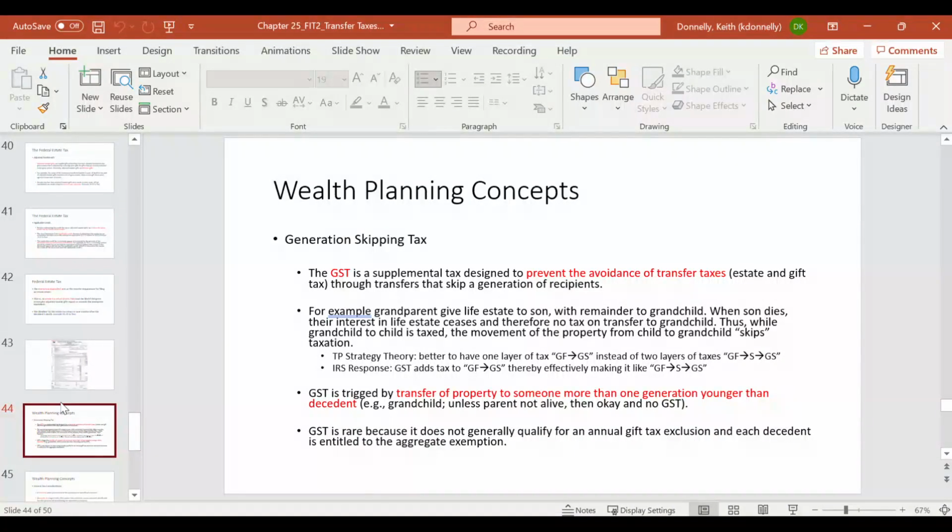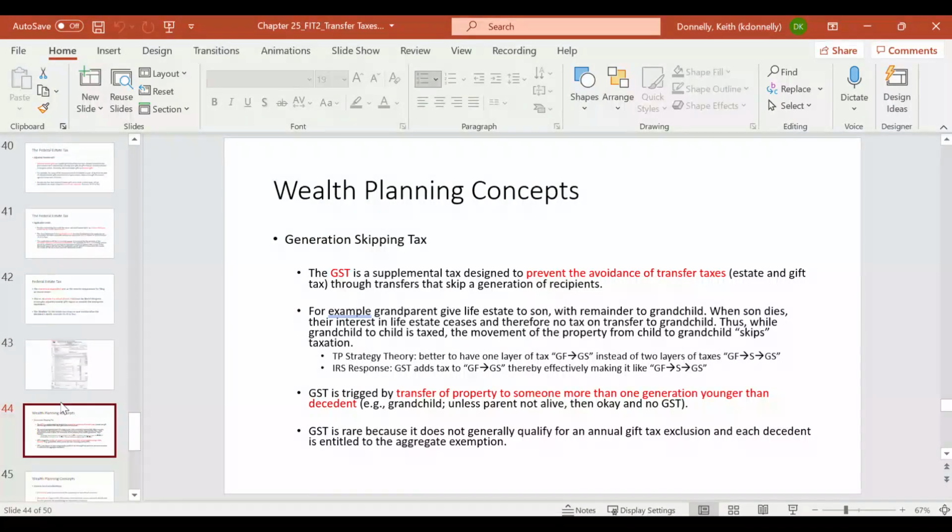So by the time it works its way down to grandson, it goes from grandfather to son, there's one layer of tax. And then when it goes from son to grandson, there's a second layer of tax. So maybe that 9 million ultimately becomes like 6 million by the time it reaches grandson.